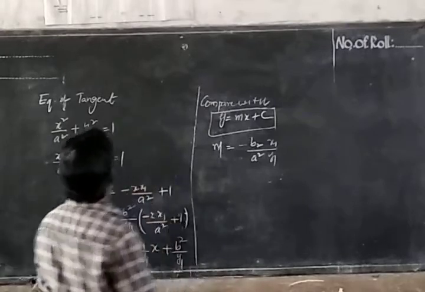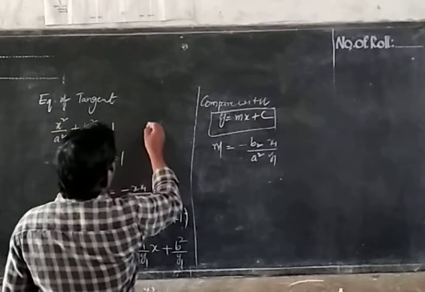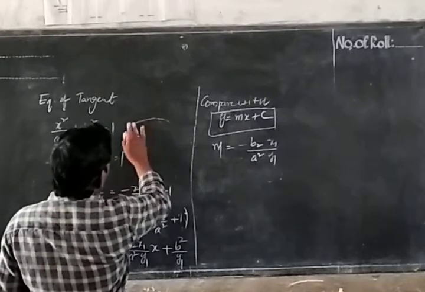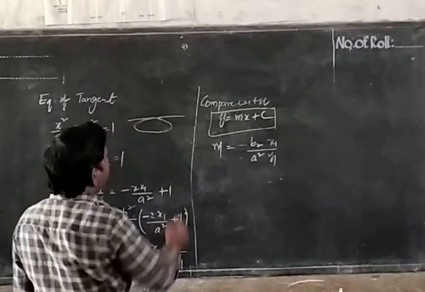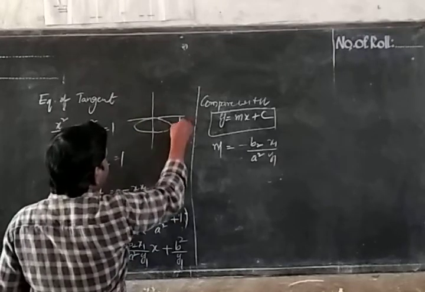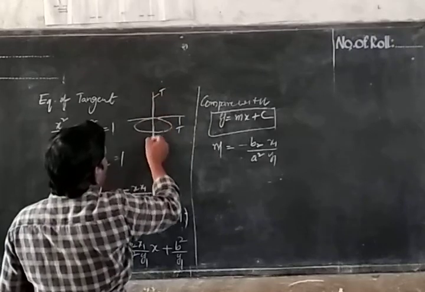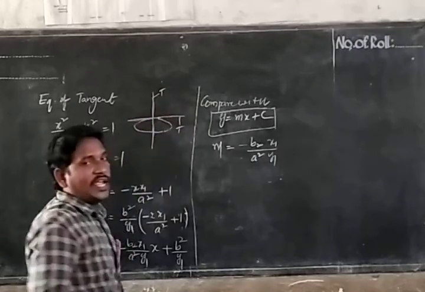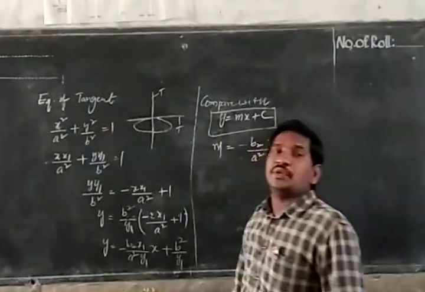We know that this is the tangent and this is the normal. Here the two lines are perpendicular to each other.